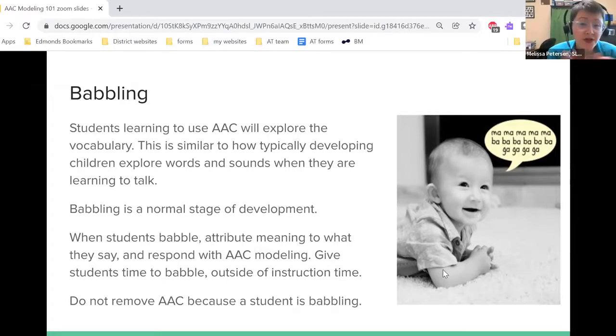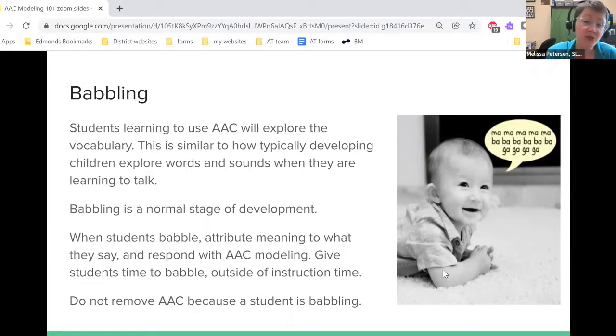There has been research on that, and the answer is it does not confuse students. They pretty much figure out the different systems, like an iPad is a different way of talking than a core board. We have several students at Maplewood who use multiple ways. They might have an iPad when they need a big vocabulary and a core board when they're just saying things really quick on the go. Kids are good at figuring it out.